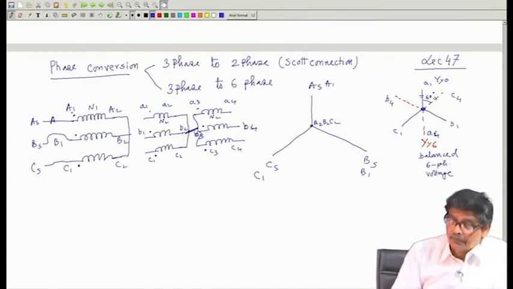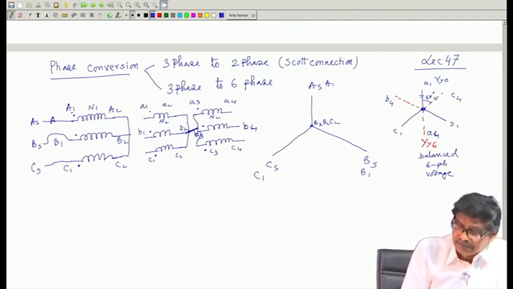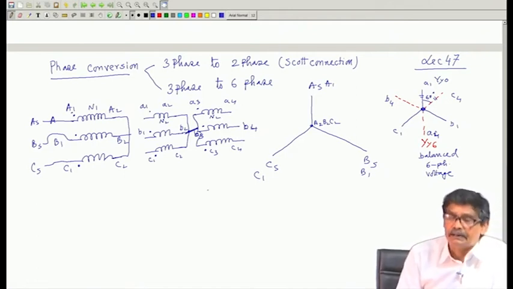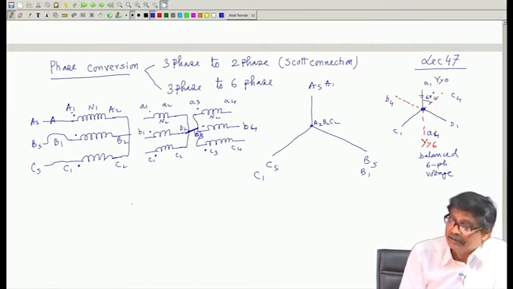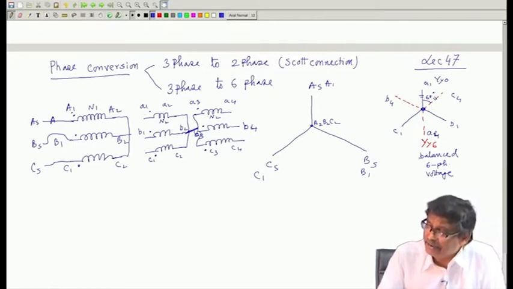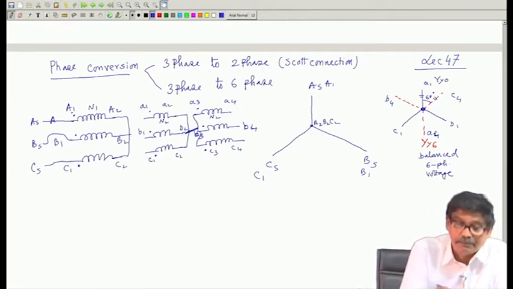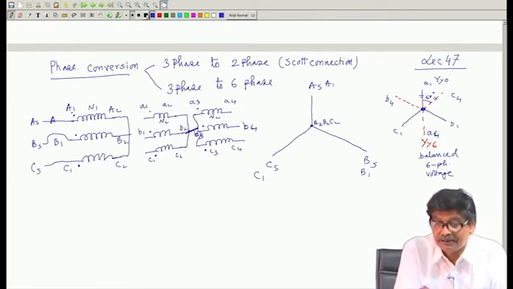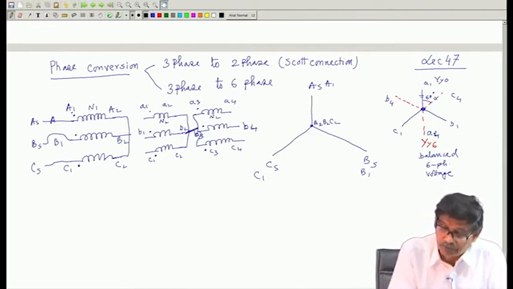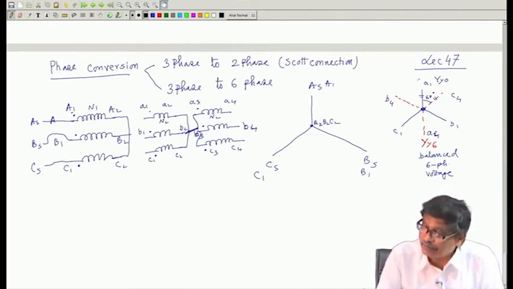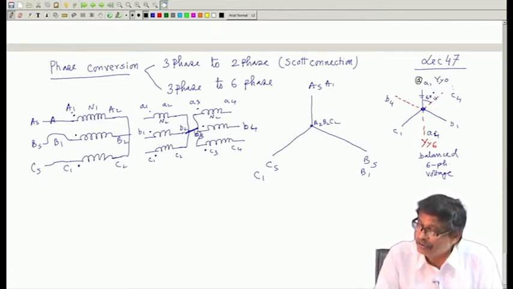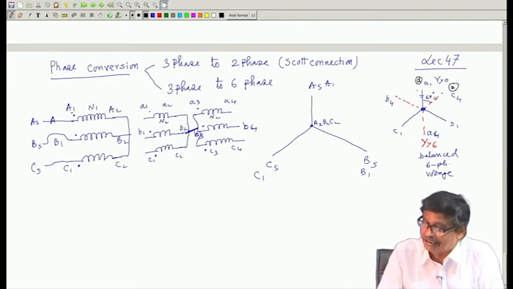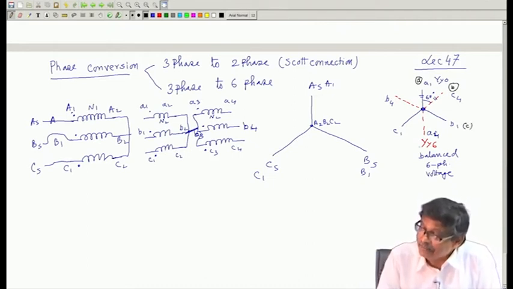We will not discuss much more, but what I am telling is, for the diode bridge, the names of these may be changed a bit. You name this output terminal A1 to be A, suppose. This C4 you say is the B phase of the secondary side, this is C phase, this is D phase, this is E, and this is F phase.